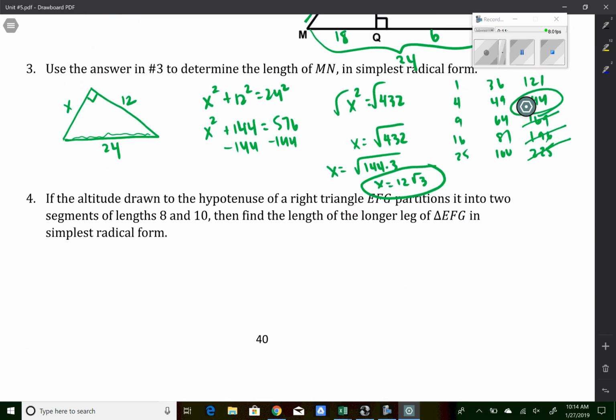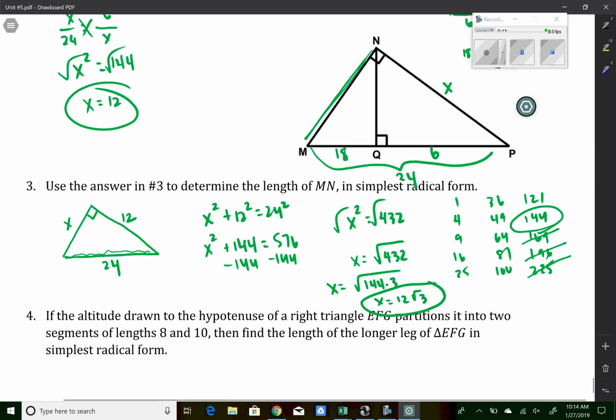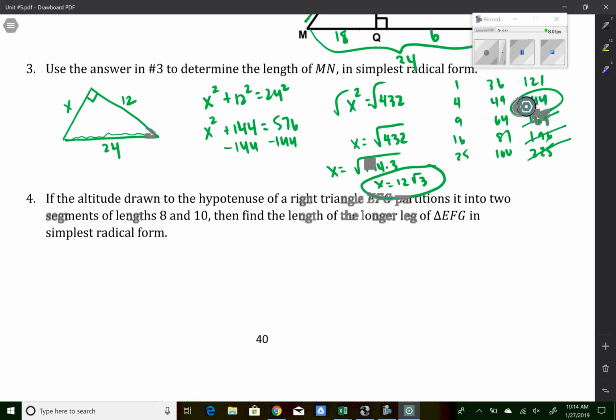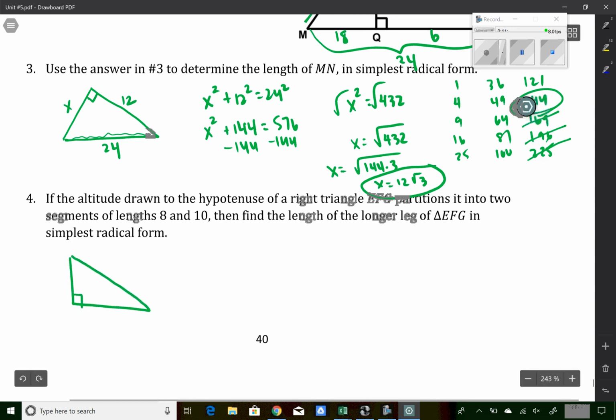Number 4 says the altitude drawn to a hypotenuse of a right triangle EFG partitions it into two segments of lengths of 8 and 10. Find the length of the longer leg of triangle EFG in simplest radical form. This is explaining the same picture we've just seen over and over again. So if I draw a right triangle EFG, we want to find the longer leg of EFG.